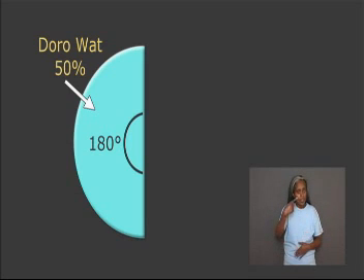Next, if we do not have a way to measure the portions accurately, we can estimate that 30% will be a little over half of the remaining pie.